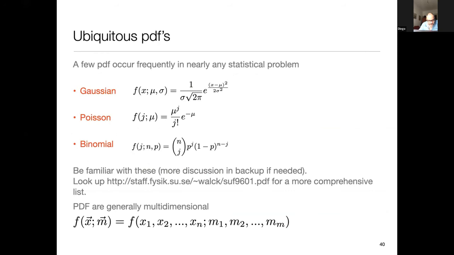And you probably are familiar with this, but there are a few simple probability density functions that occur frequently in nearly any statistical problem. So you have to be familiar with them if you're not already. So this is the Gaussian, the Poisson, the binomial, and many others that are then listed in this nice short document that I found on the web.